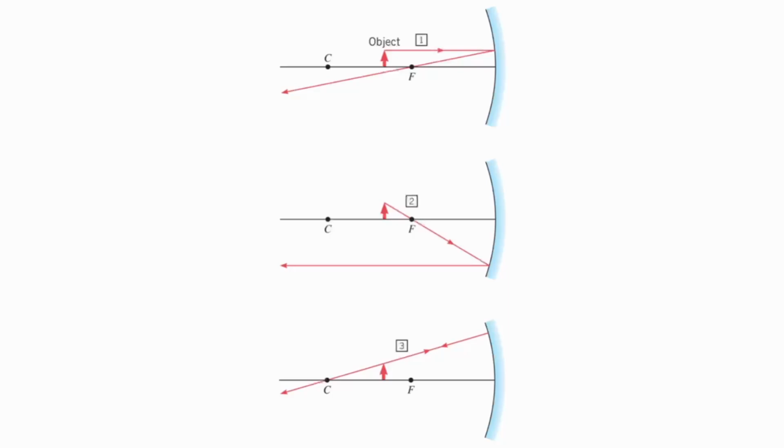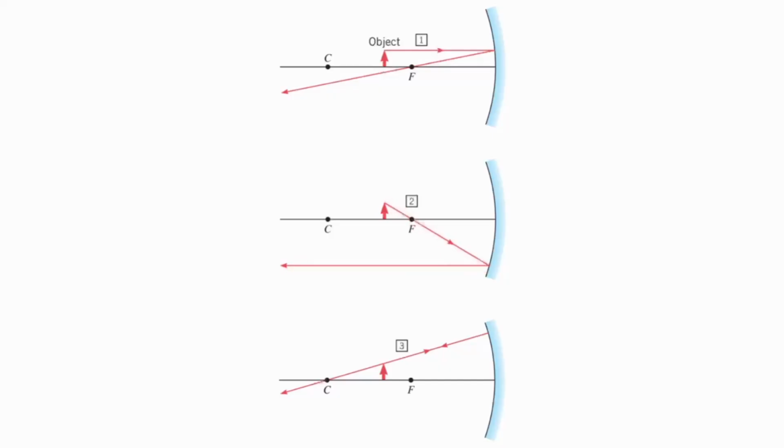In optical diagrams, there are three principal rays that we draw, and they follow certain rules. A ray comes parallel to the optical axis, bounces off, and passes through the focal point. A second ray passes through the focal point, strikes the mirror, and bounces parallel to the optical axis.